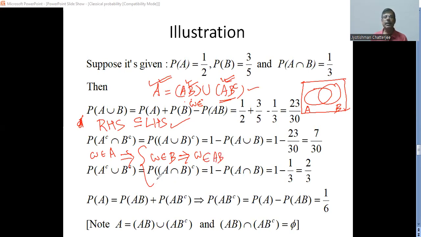In the other case, suppose omega does not belong to B. In that case, omega belongs to A, B complement. So either way, it belongs to the right hand side, right? So any element on the left hand side is an element of the right hand side. That's why left hand side is also contained in right hand side, and so they must be equal.